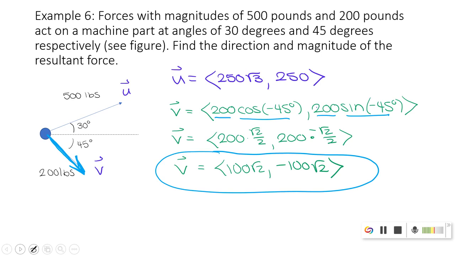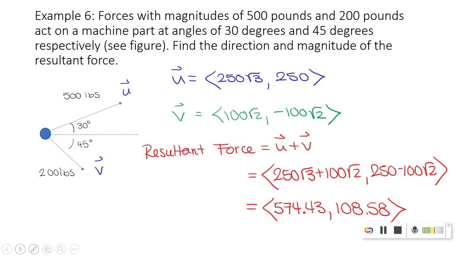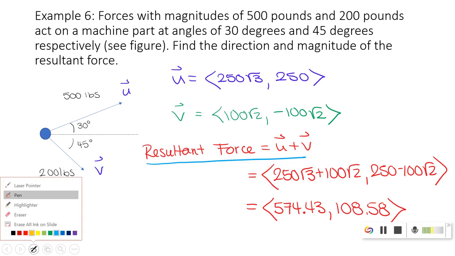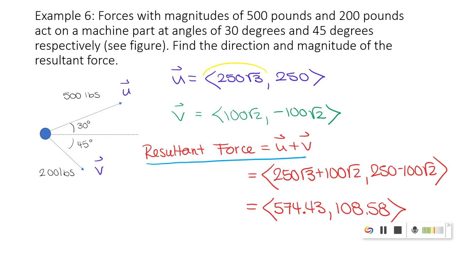So now that I have both vectors written in component form, I can find the resultant force by adding them together. To add two vectors together, we just add their components together. So I'm going to take 250 root 3 plus 100 root 2, and that'll give me my x component. I put that into a calculator and got 574.43.